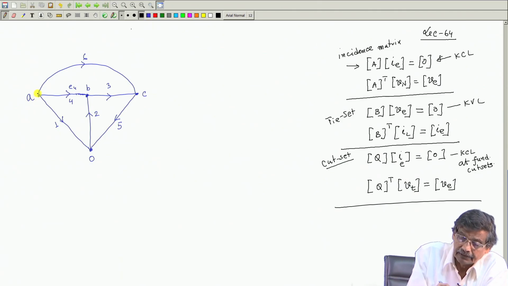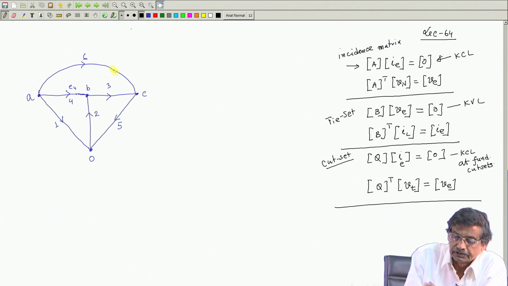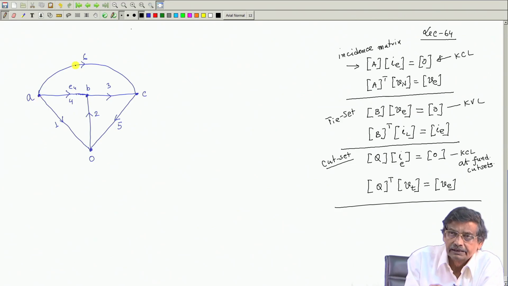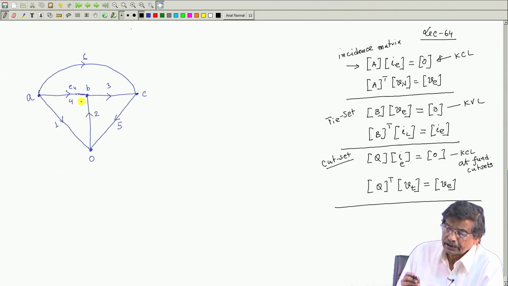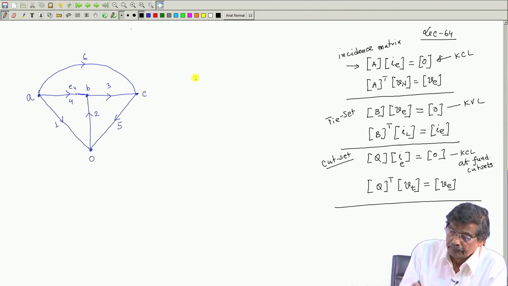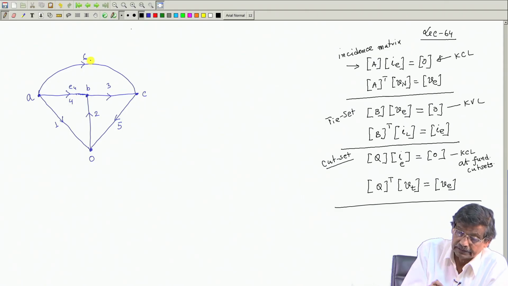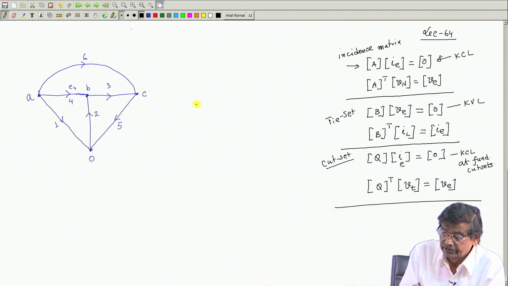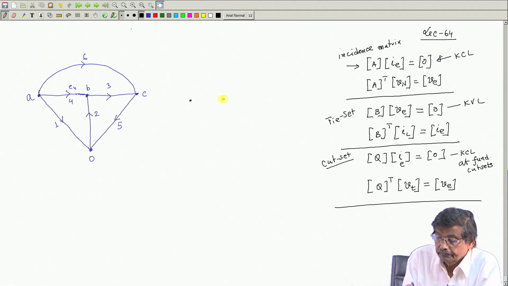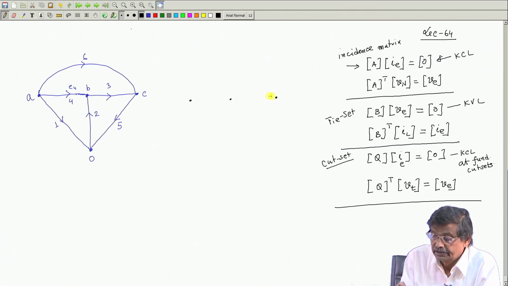In general, this branch, for example branch 6, will contain some impedance and some sources as well, and this is true for all the elements. Suppose the given network is like this.